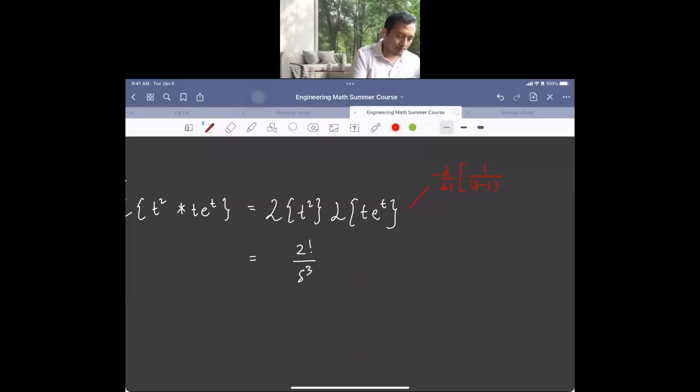And take the derivative, this will result in 1 over (s minus 1) squared, positive. If we write it in a clearer way, this is what we have.